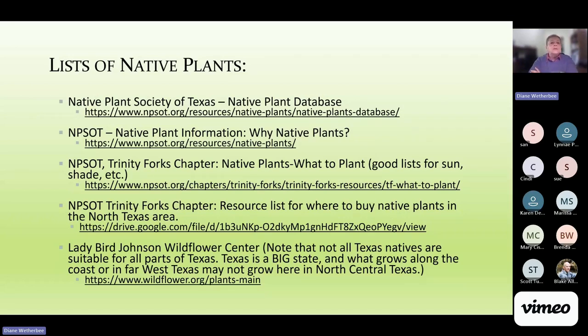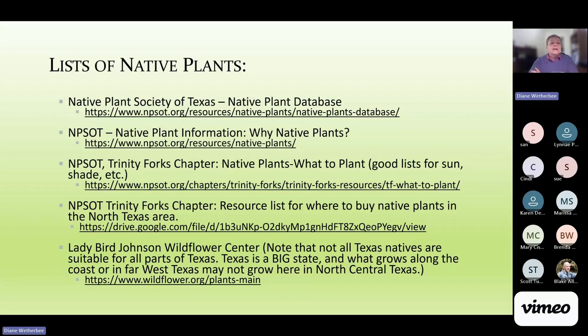A lot of times you really need to look at the botanical name, not just the common name, because there's a non-native butterfly weed, often called tropical milkweed, and a native butterfly weed. They look really similar, but one is actually kind of bad for monarchs, and the other is very helpful. So pay attention to botanical names.